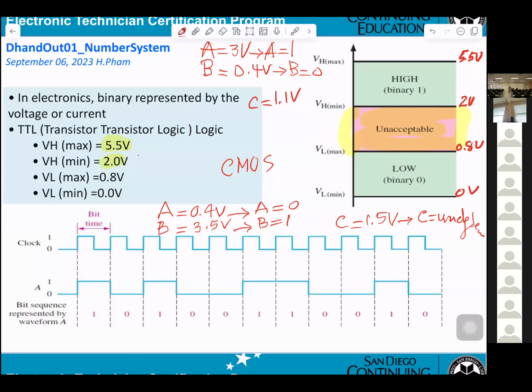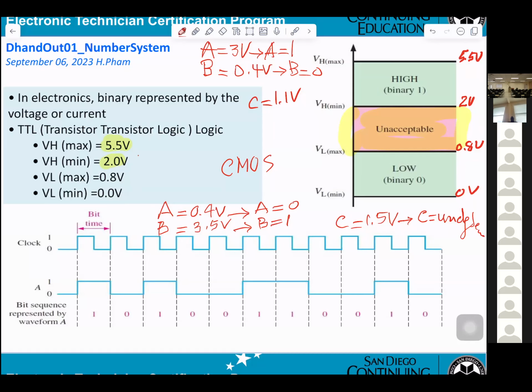However, the voltage will be a little different. Logic high has to be 4 volt up to 5.5, or logic low they want close to 0. And they use the JFET to build the digital circuit.